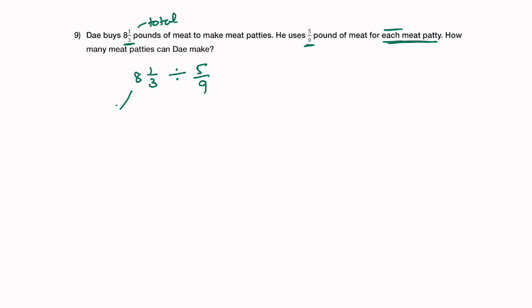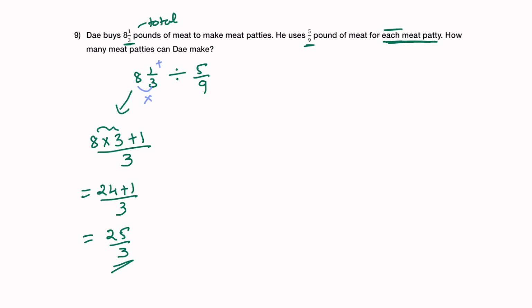So we need to work on this first, and the process is multiplication and that's addition. So we say 8 times 3 plus 1 upon 3. So this is 24 plus 1 upon 3. That's 25 upon 3. So that's how you write this mixed fraction as an improper fraction. So we write 25 upon 3, division as it is, 5 upon 9.